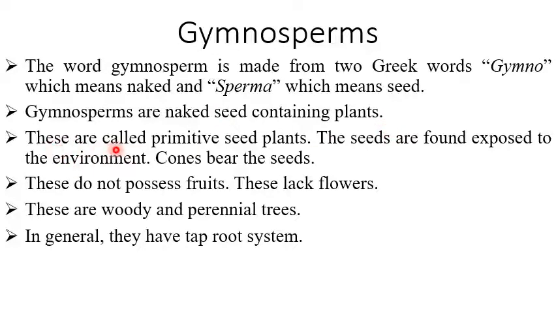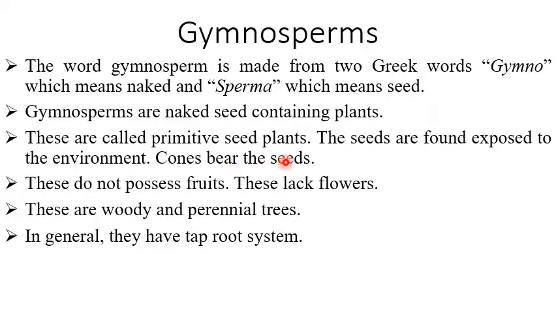These are called primitive seed plants. The seeds are found exposed to the environment. Why? Because the fruit is completely absent, so the seeds are not covered with anything. They are directly exposed to the environment, and somewhere cones also bear the seeds.